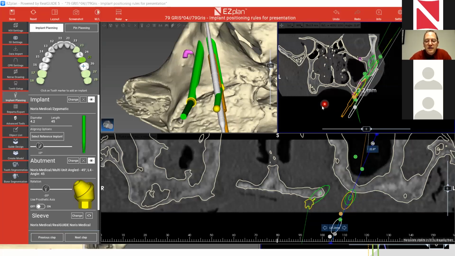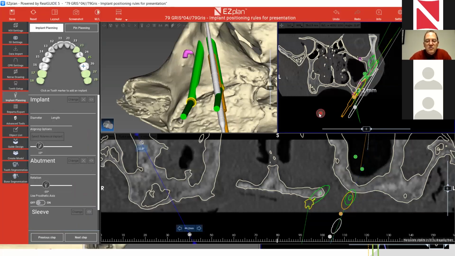It's called EasyPlan. It's not in the market yet, but it's going to be in the market shortly. And today we do the planning for the customers that need our assistance or our guides. This is an answer to Sander Polanco.